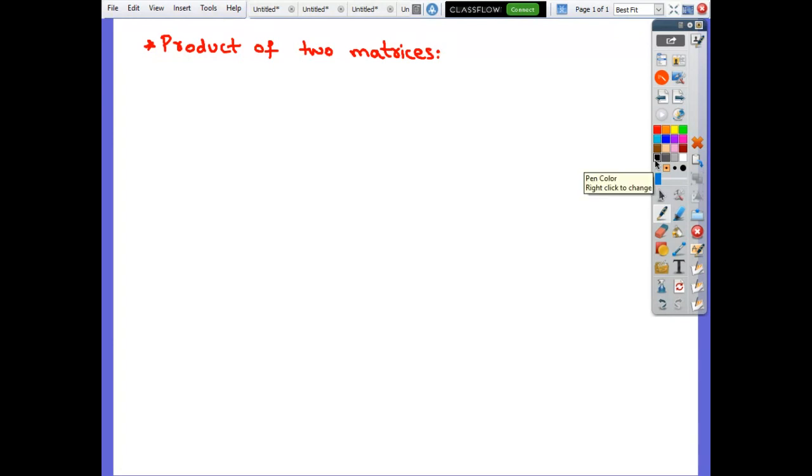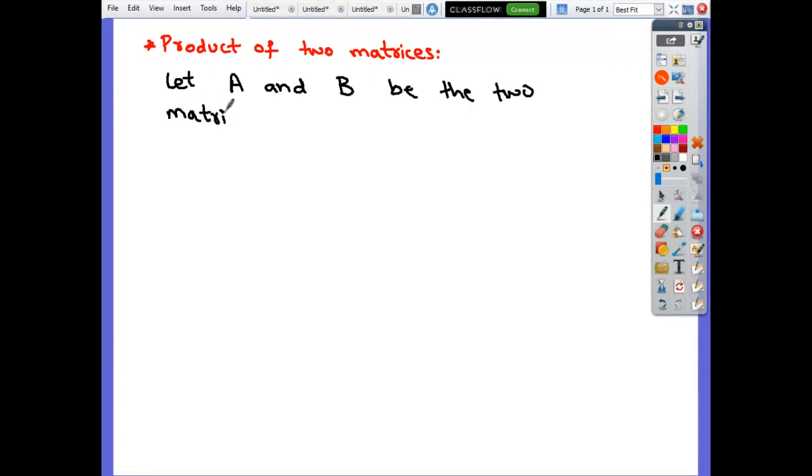Let us suppose the two matrices are A and B. When are two matrices conformable for product? Let A and B be two matrices.